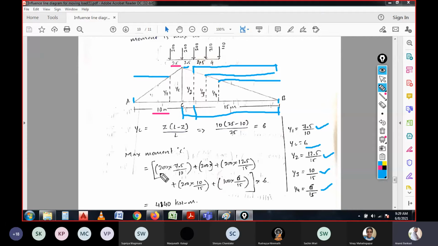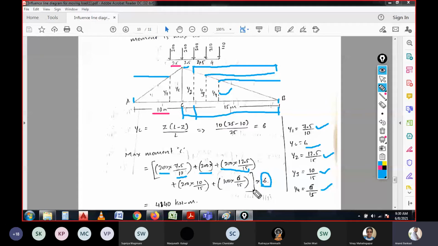So first we have the 200 kilonewton load, having a coefficient value of 7.5 by 10, plus 200 kilonewton, again the yc will be multiplied at the end, and this second 200 kilonewton load having the coefficient value of y2. Y2 is 12.5 by 15, plus 200 into 10 by 15, and plus 100 into y4.